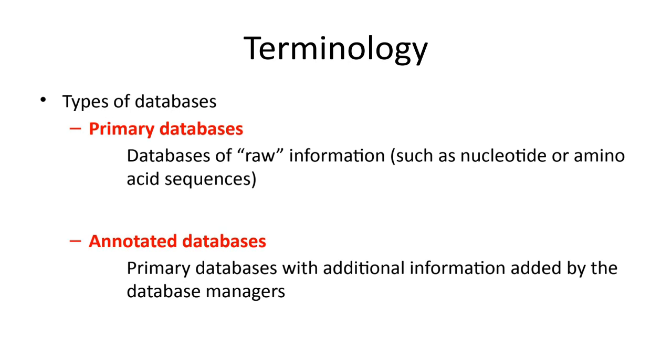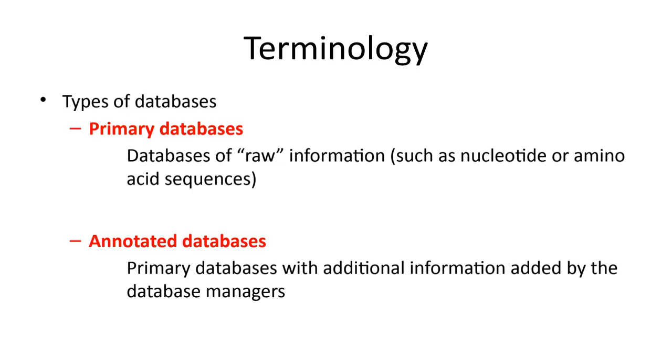It's just however it was recorded. If what you are working with is something as simple as nucleotide sequences or amino acid sequences, with no other information you're concerned about, a primary database is the type you'd be using.